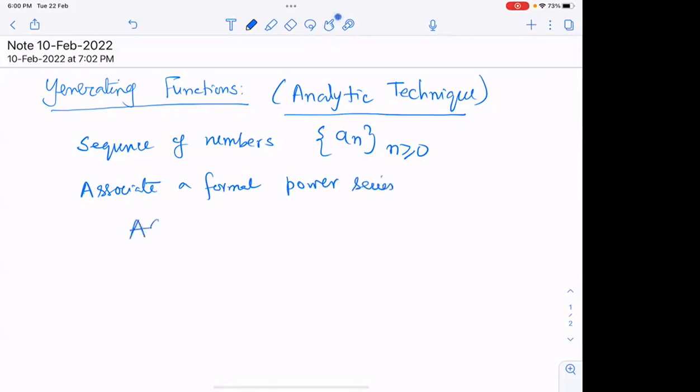So let's say a_n x^n. x is just an indeterminate variable.